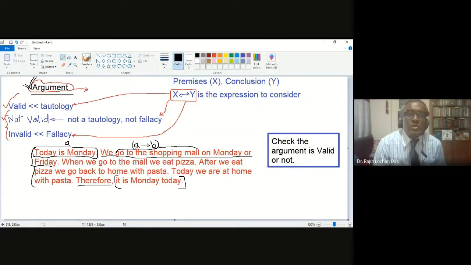Or means this, and Friday: today is Friday, this is our third expression, maybe this is C. So you will write A implies B or C implies B. That means if it is Monday, then I go to the shopping mall, or if it is Friday, then I go to the shopping mall.